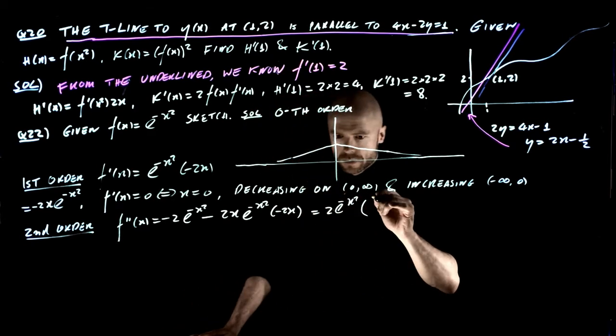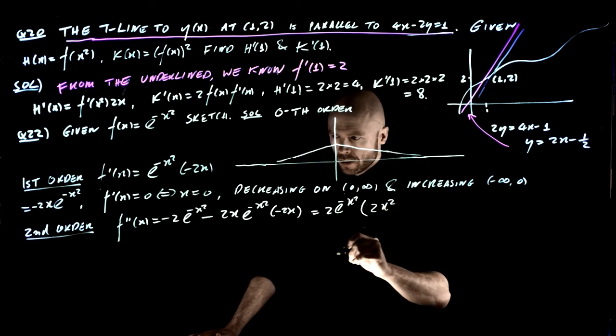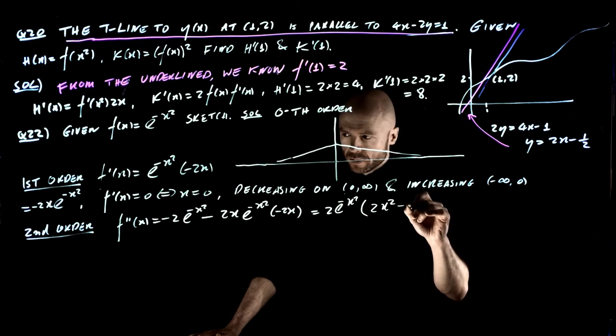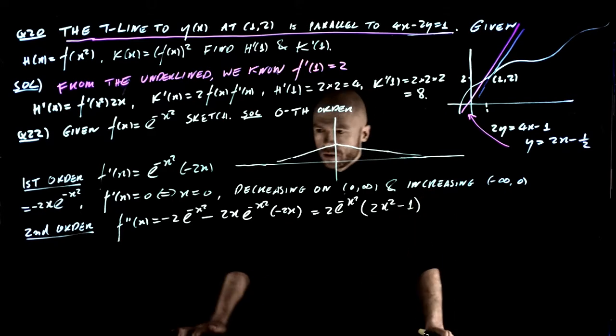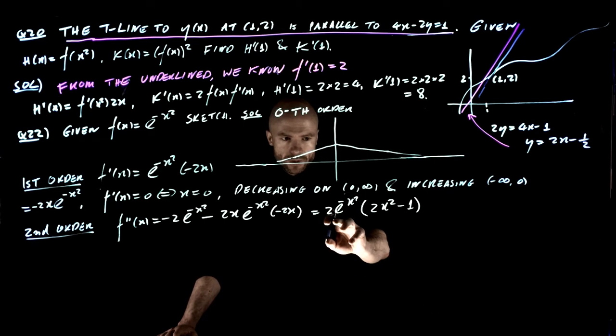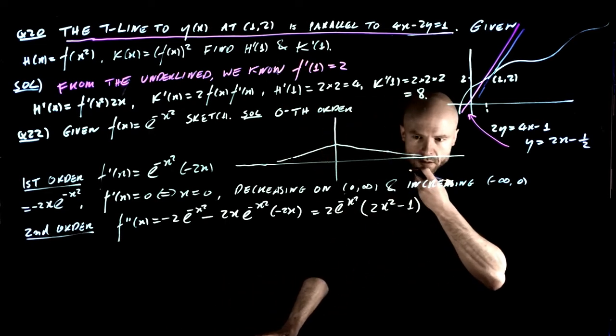from this thing we are going to have a 2x squared, positive sign, and then from this thing just a minus 1, because we've factored out the 2 already. Yeah, okay, looks good. So that's the second derivative. And this first part here is always positive, so the sign will just be determined by this thing, right?